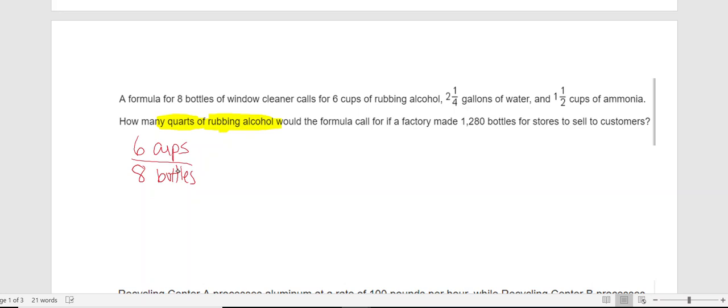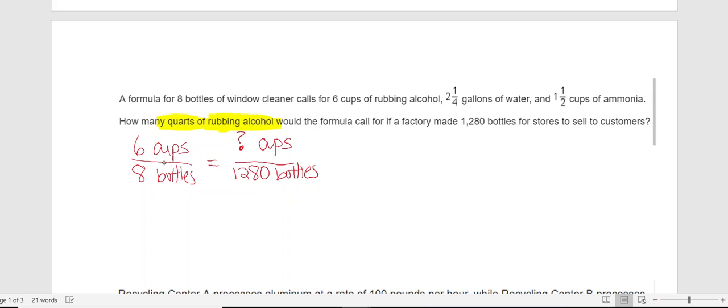First, you need to know how many cups. One thing you could do first is figure out how many cups am I going to need to make 1,280 bottles? And we can use equivalent fractions to figure that out, because we're trying to figure out what number of cups would be used for 1,280 bottles.